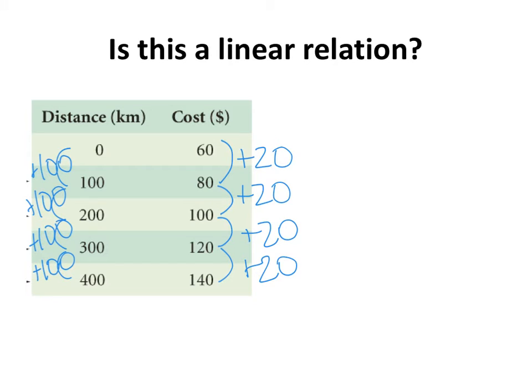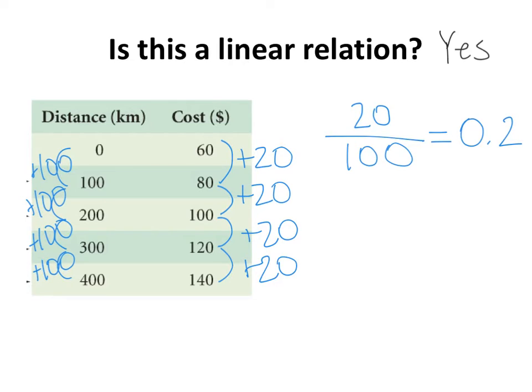So if we think about this ratio, our change in the dependent variable y is 20. Divide that by the change in the independent variable, the x, of 100. And this does give us a constant. Every change ends up giving us a ratio of 0.2. This is a linear relation.